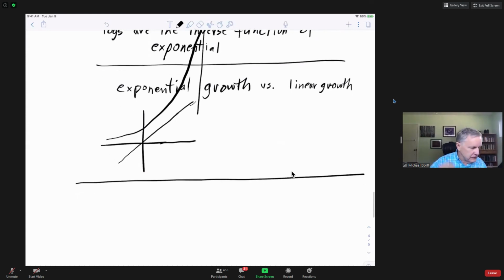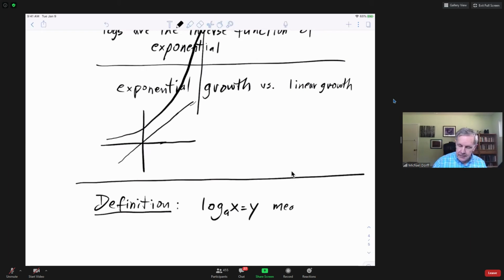Now, how can you use logs then to help deal with exponential functions? Well, this is how logs are defined. They're defined in terms of the exponential. So log base a of x equals y. It means the same thing as a to the y equals x.